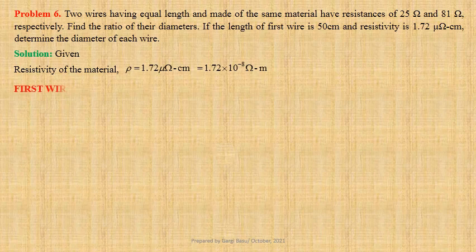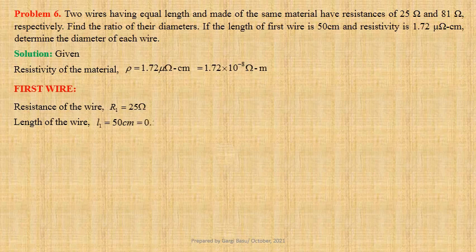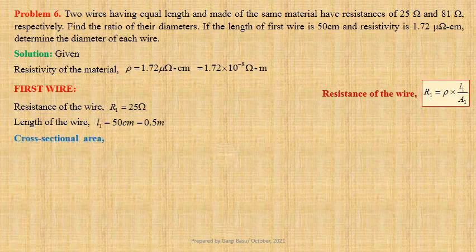For the first wire, given resistance R1 equals 25 ohm, length L1 equals 50 centimeters, that is equal to 0.5 meter. Expression for resistance R1 equals rho into L1 by A1. Therefore, cross-sectional area A1 equals rho into L1 by R1.